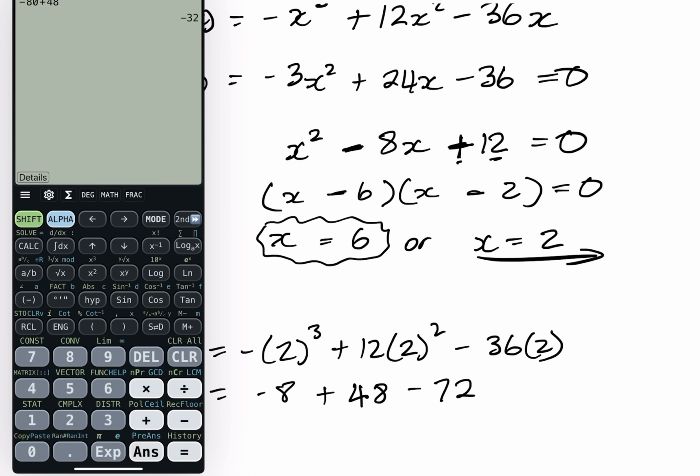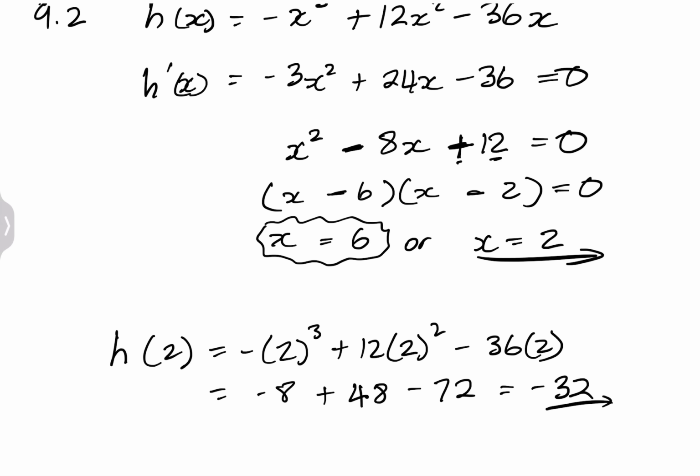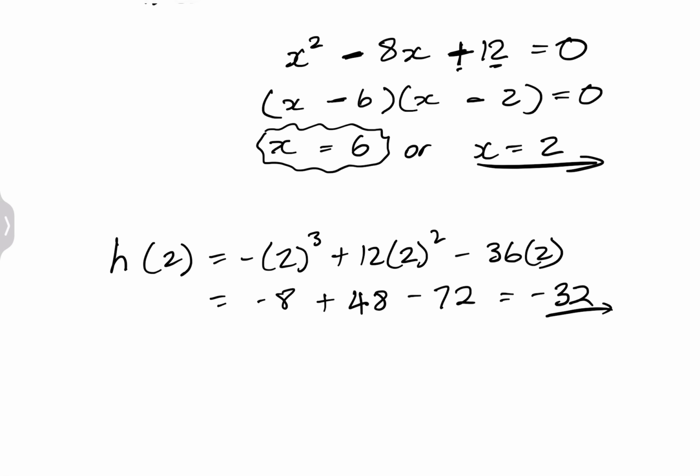You guys have been accusing me of making mistakes, so rather I choose to use my calculator just to be safe. Okay, right, so my value there is negative 32. Please, if you can, verify that for me. If I did make an error, please do forgive.